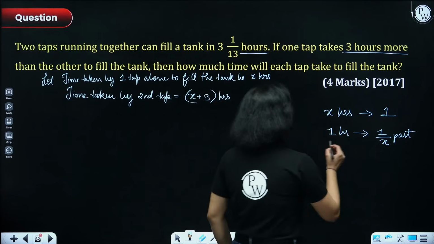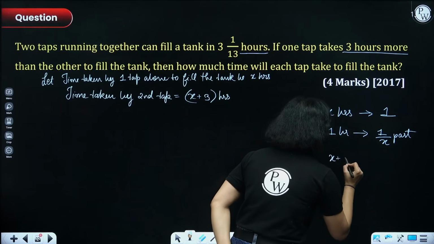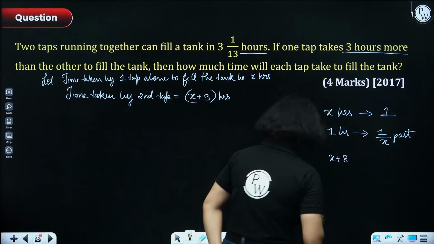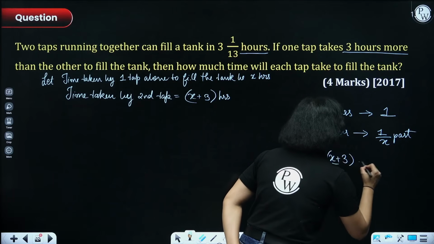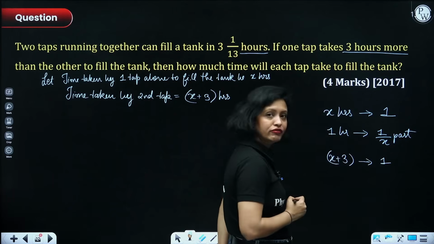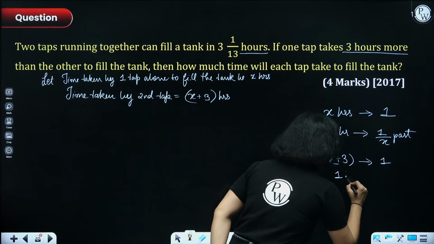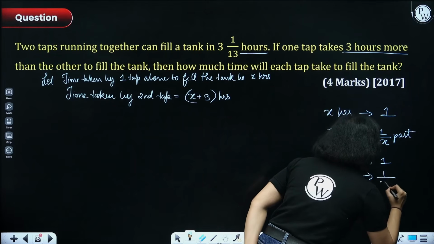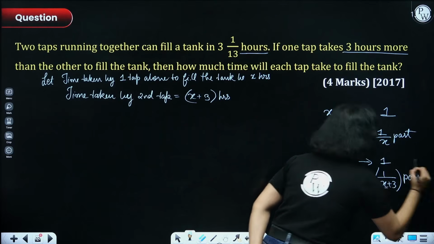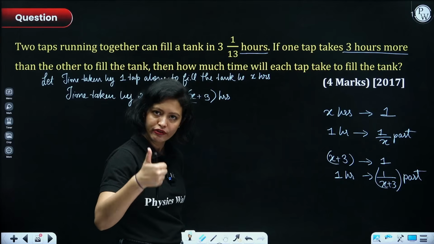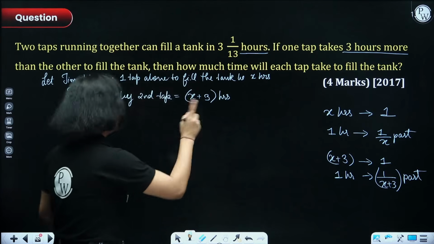Okay. Now, for the second tap, in x plus 3 hours one entire tank is being filled. So that means in 1 hour, 1 over x plus 3 part of the tank will be filled. Cool, everyone? Got it? So let's write this here.